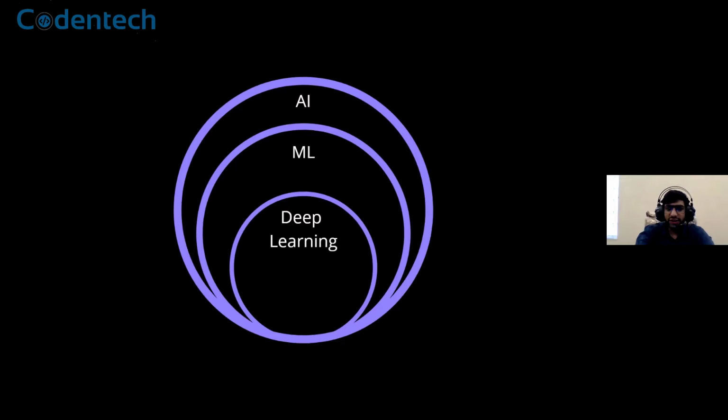As you can see, there is a chart that explains that ML and deep learning are a subset of AI. AI itself is a branch of computer science whose sub-branch is machine learning, and machine learning's sub-branch is deep learning. So let us move forward and understand the basic difference between AI and ML.